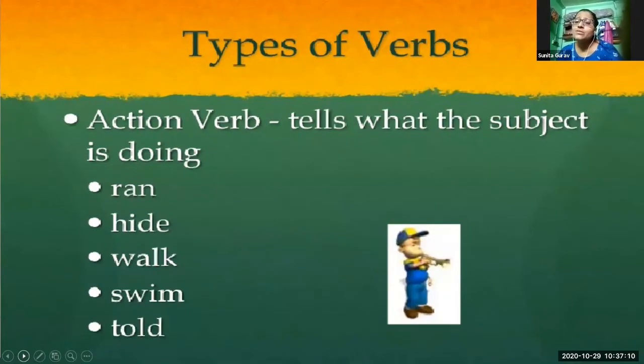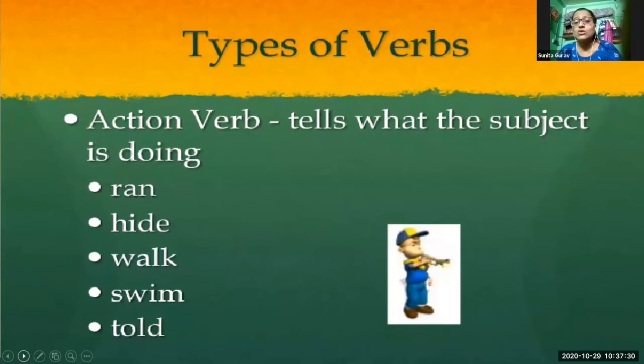So first of all, as I've told you, action verb. Action verb tells us what the subject is doing, whether the subject is running, hiding, walking, swimming, telling or speaking.